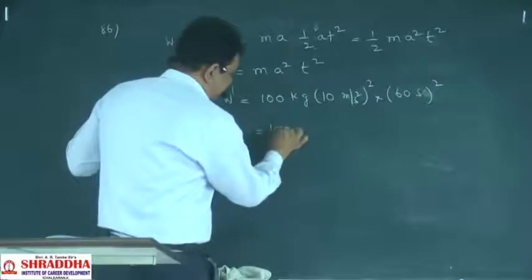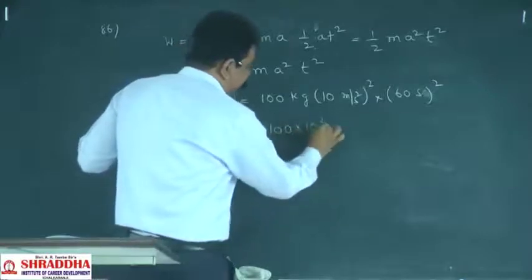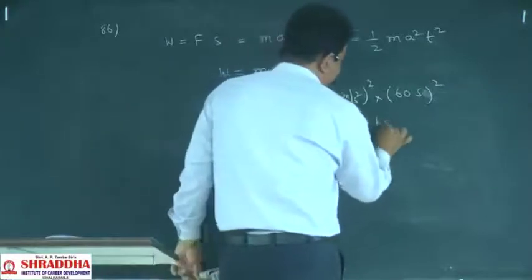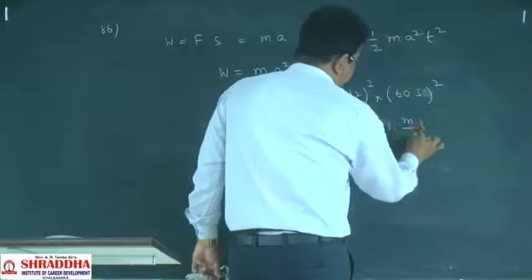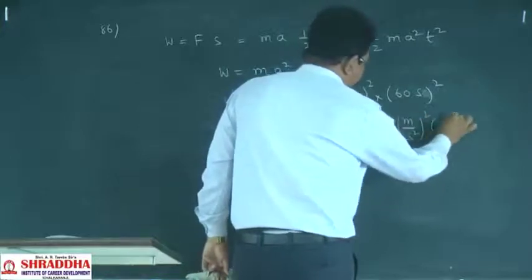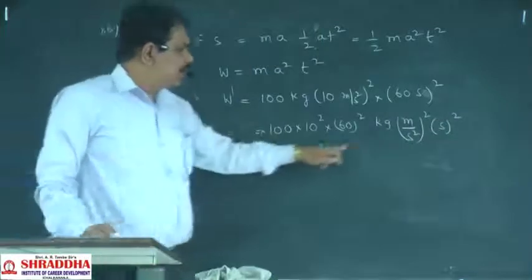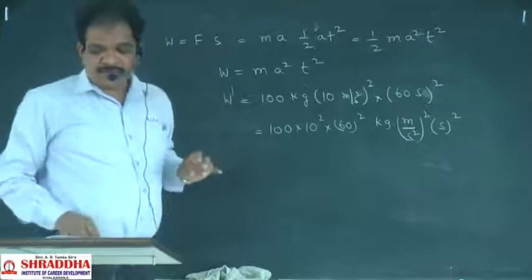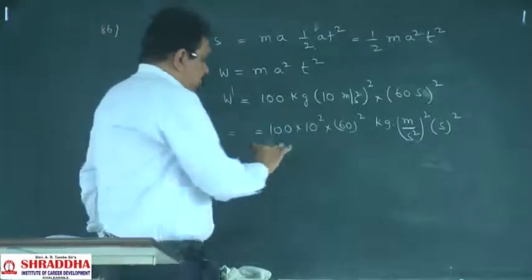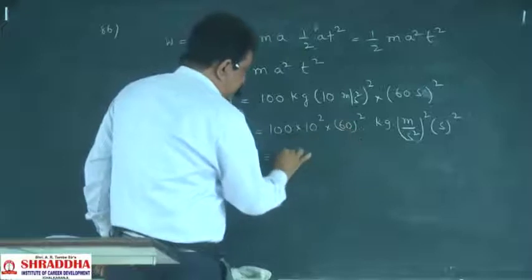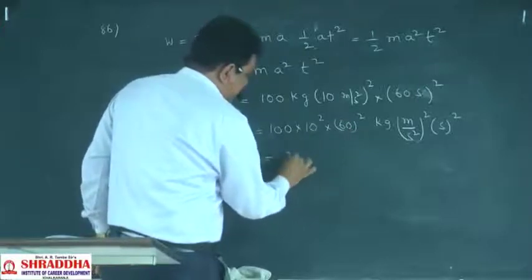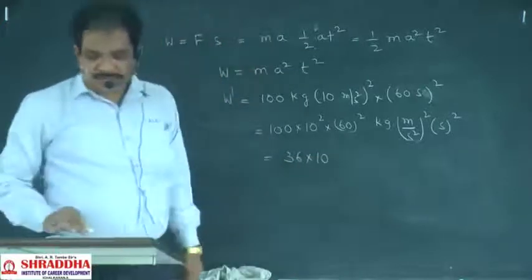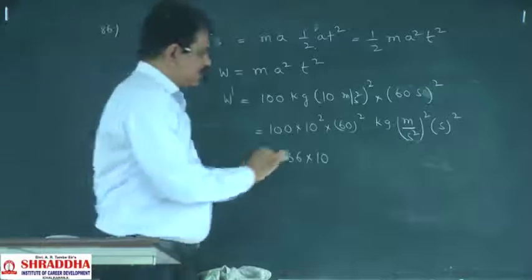So then what will happen? Here 100, here 10 square, here 60 square, kg meter second square whole square second square. So again this value will be W only. Okay. So this is 10 power 4, this is 3600. So 36 into 10 power 6.